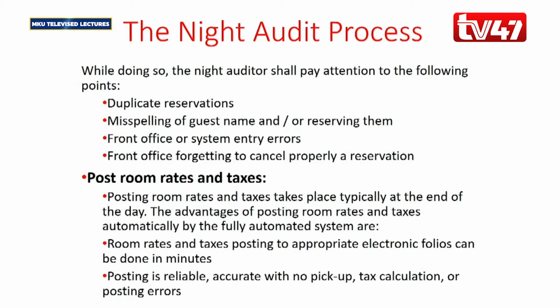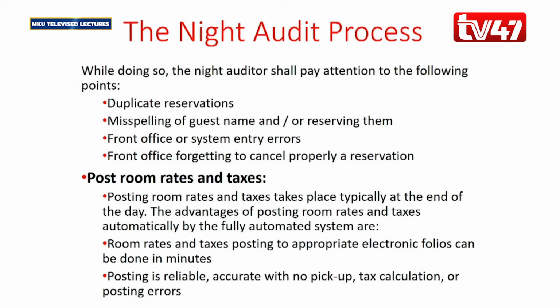So what the night auditor will do when they realize that this is recorded as a no-show, they'll first check whether it was a duplicate reservation, because if it was a duplicate reservation, one of them showed up and the other reservation has not shown up. Secondly, they may also check for misspelling of the guest name while it was being reserved. They may also check whether it was a front office or system entry error, or whether the front office forgot to cancel a properly done reservation.